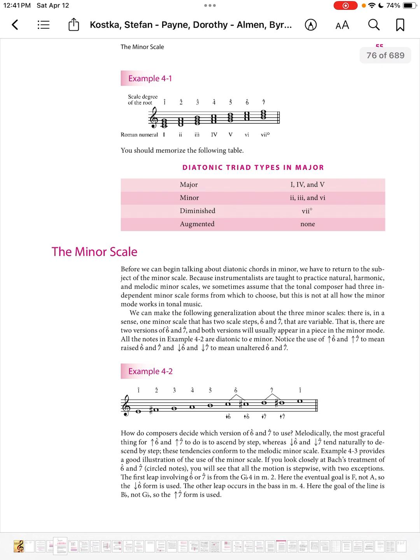So major, minor, diminished, augmented, okay. Alright, so that's all the types. We just did major, meaning it's 1, 4, and 5.